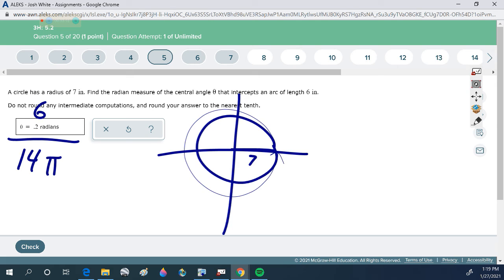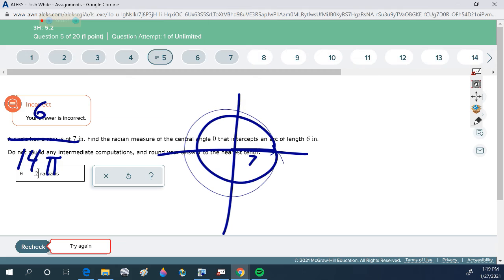See if I'm right. Oh, incorrect. Uh-oh. What did I do wrong?